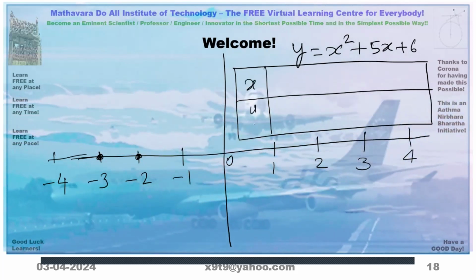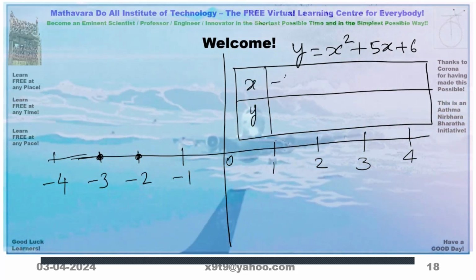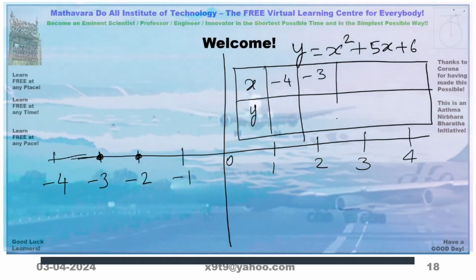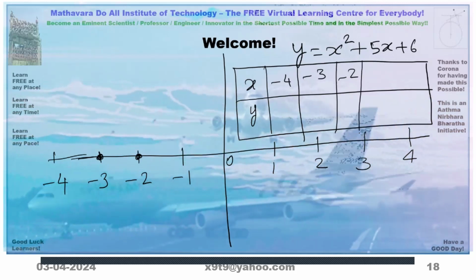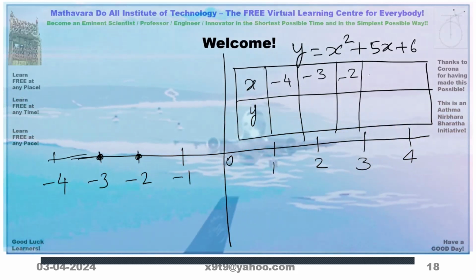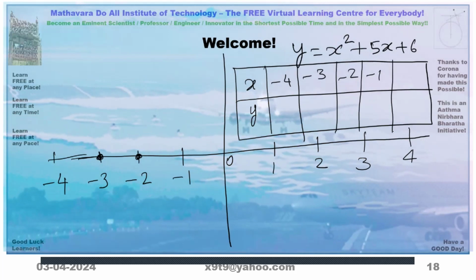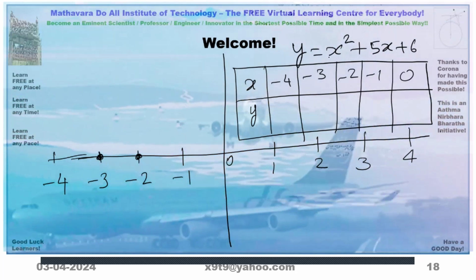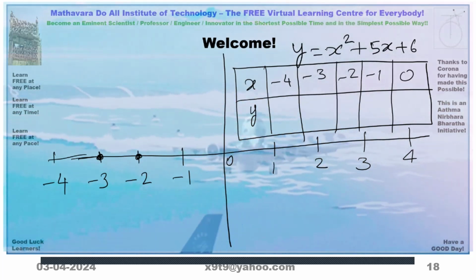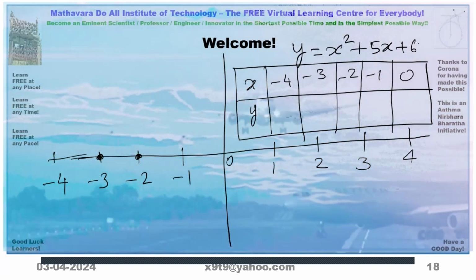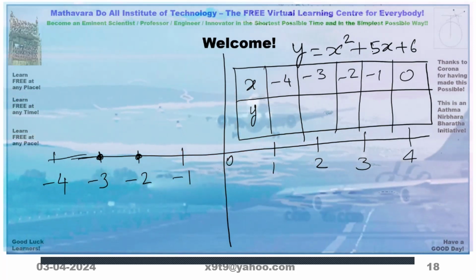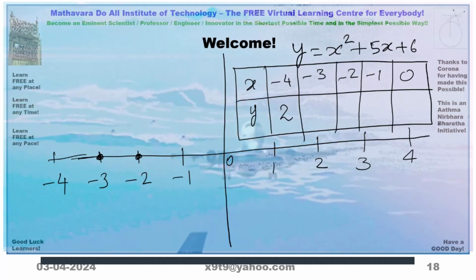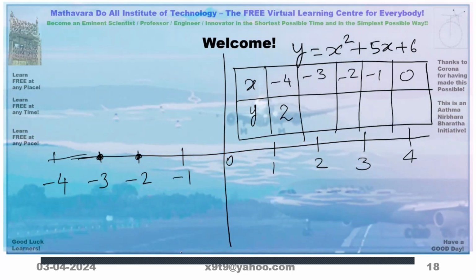So let us put x as minus 4 here, minus 3, minus 2, minus 1, 0. So substitute x equal to minus 4, you will get 16 plus 6, 22. This will be minus 20. So you will get 2.